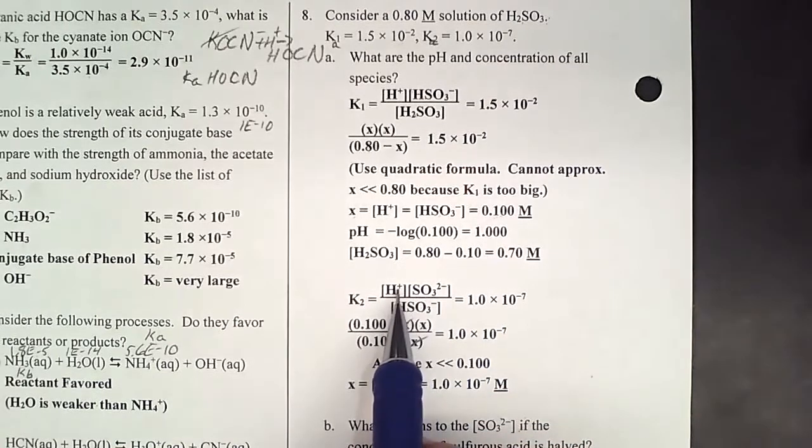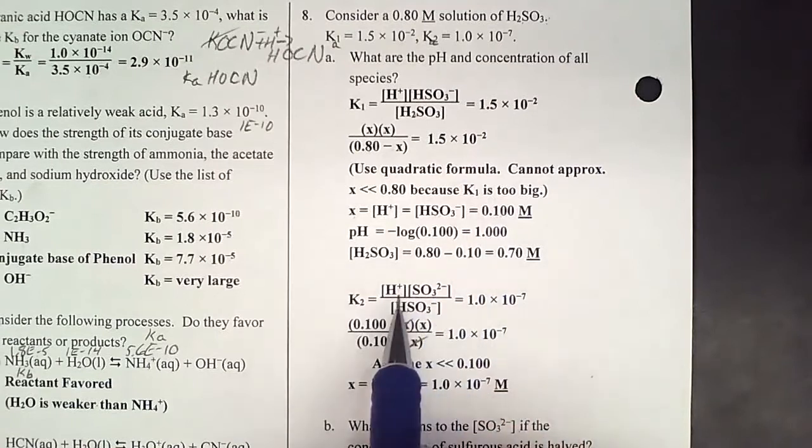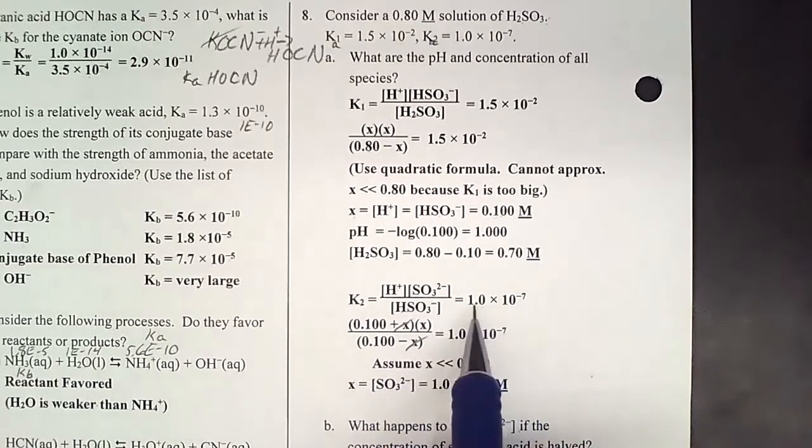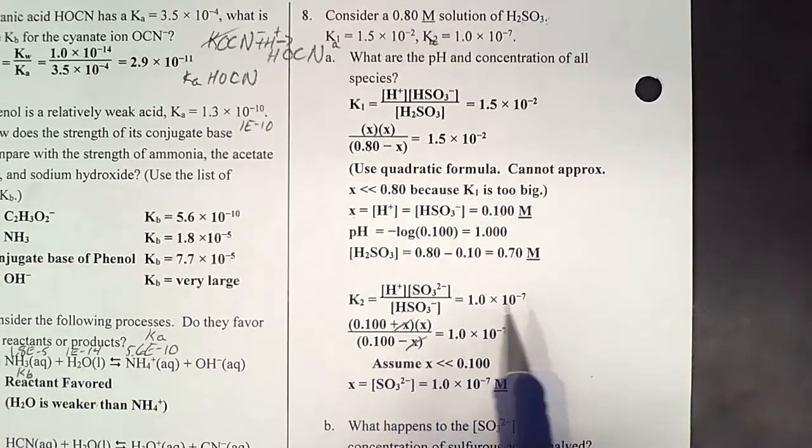So remember also H plus was starting now with this amount created by the first H coming off. So this will be the starting amount plus X. This will be simply X, and this will be 0.1 minus X because it's losing amounts. However, this Ka is so small that adding and subtracting X won't matter. I'm going to cross them out.